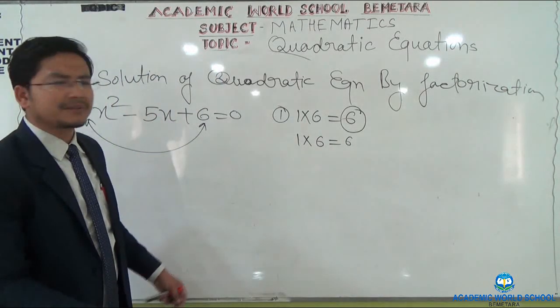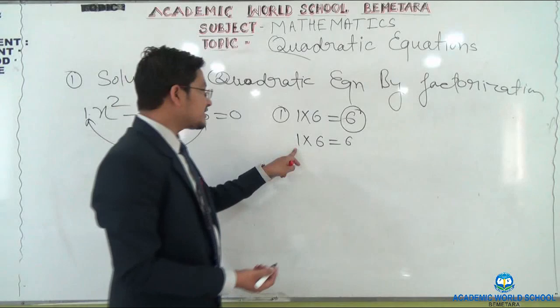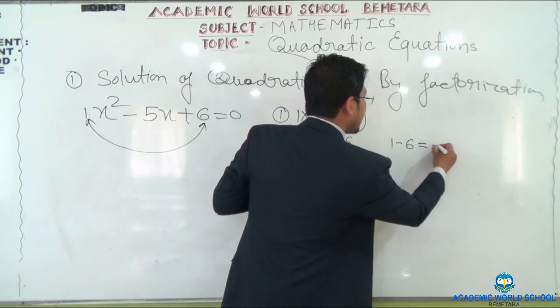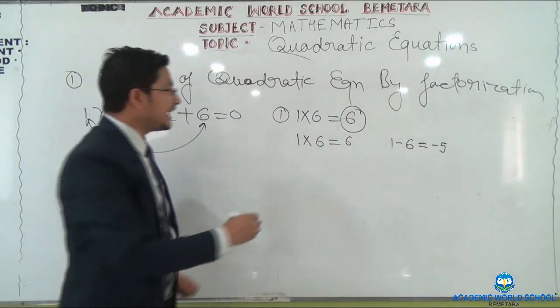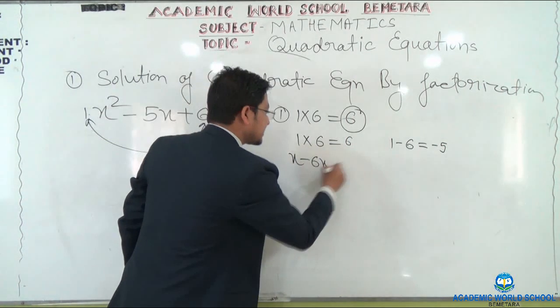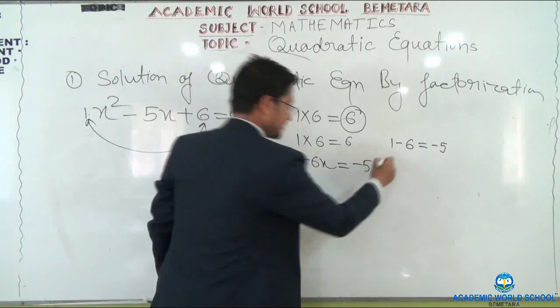These are the two factors of 6. But I can write this as 1 minus 6, and that is minus 5. So can I take the factors like this, x, then minus 6x, so it will be equal to minus 5x.